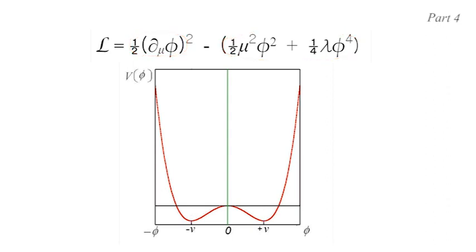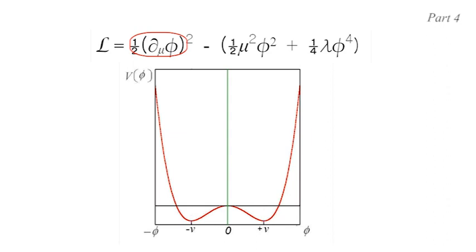If you have adjacent points in space at different minima, one at phi equals plus v and the adjacent one at phi equals minus v, you have a difference in phi of 2v over a very short distance. This means that the rate of change of phi with distance, x, y, or z, or even time, is very, very large. The field phi would have to change very suddenly in going from one point to another. There's no way it can be a gentle change from plus v to minus v.